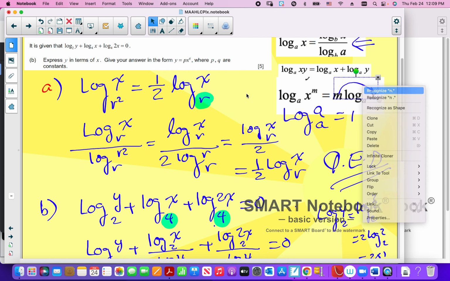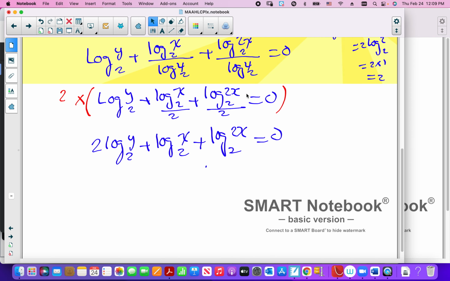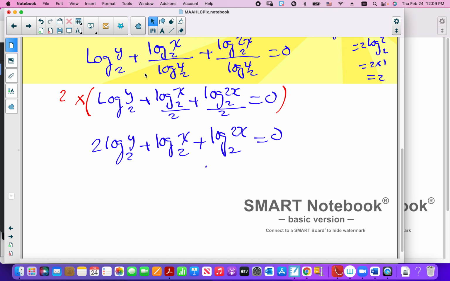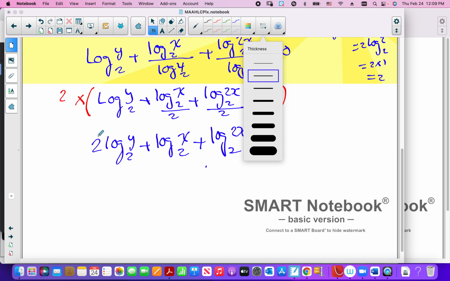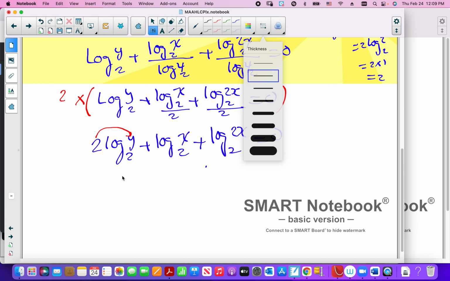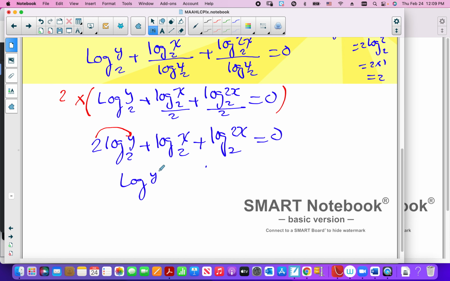So that is what I intend to do in here. So picking up the 2 in here, this becomes log y squared base 2. So log y to the power of 2 base 2 plus log x base 2 plus log 2x base 2 is equal to 0.